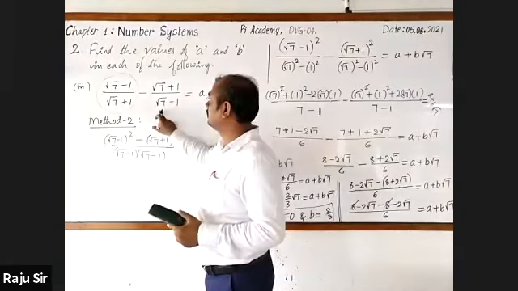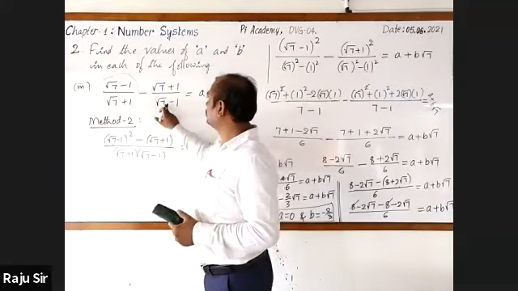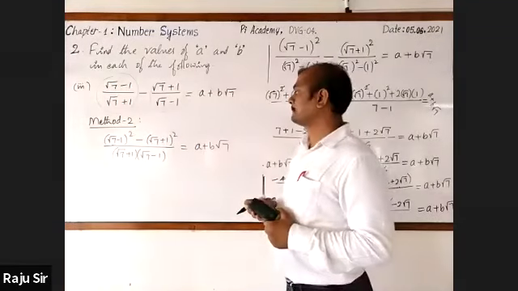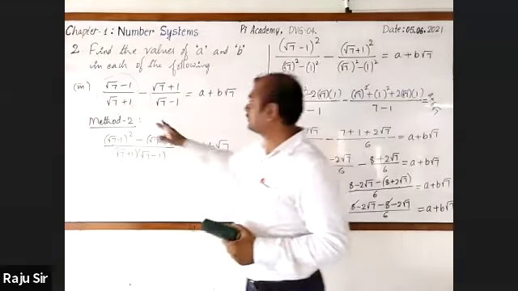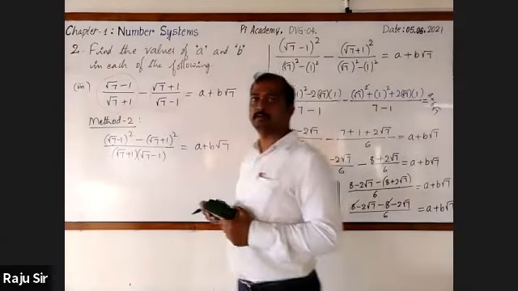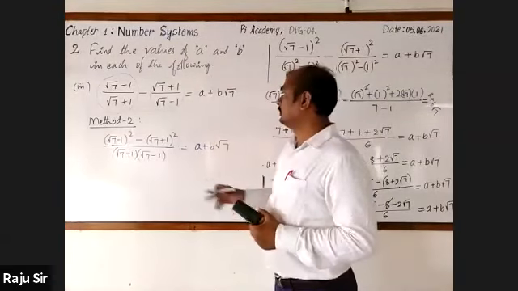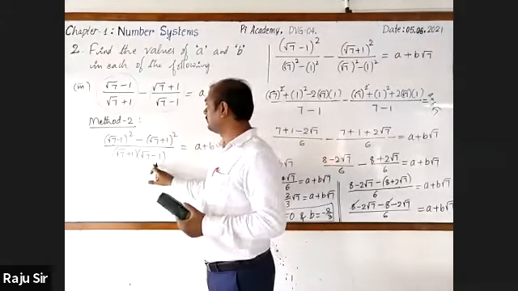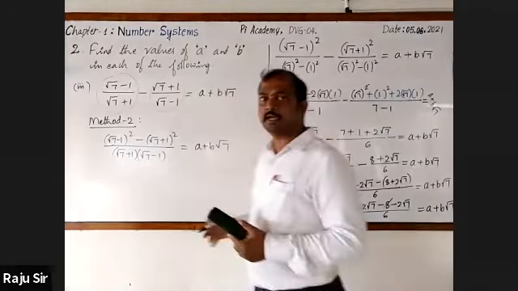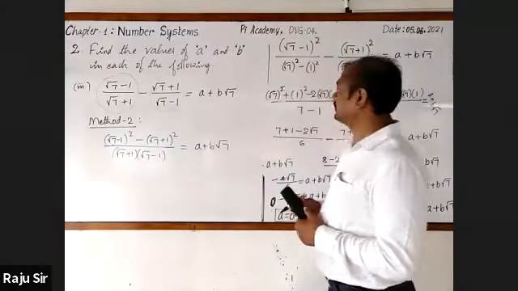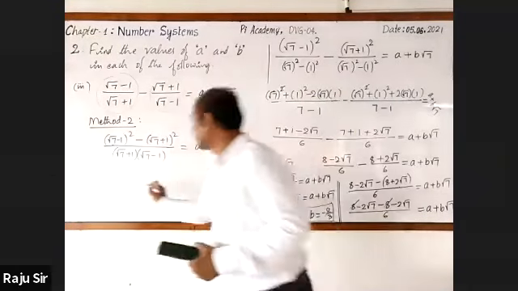Then cross multiply: root 7 minus 1 into root 7 minus 1, whole square, and root 7 plus 1 into root 7 plus 1, whole square, divided by the denominator. It is of the form A plus B into A minus B, A square minus B square. Let us write that in the next step, is equal to A plus B into root 7.